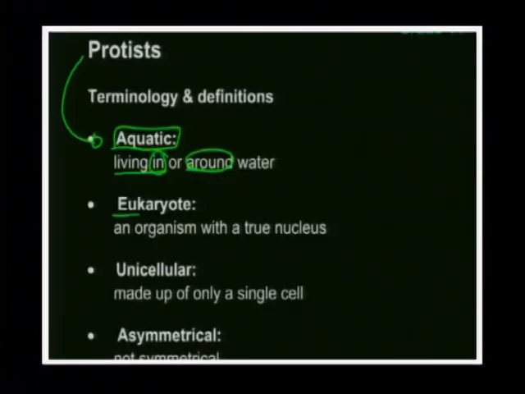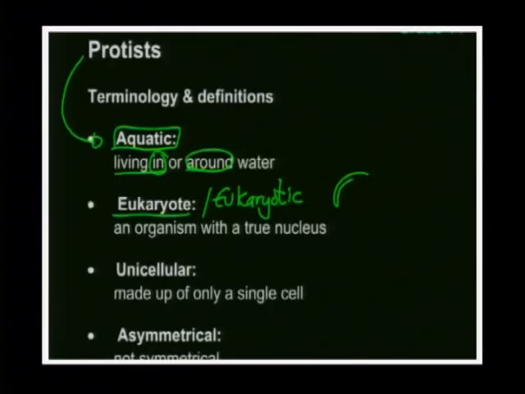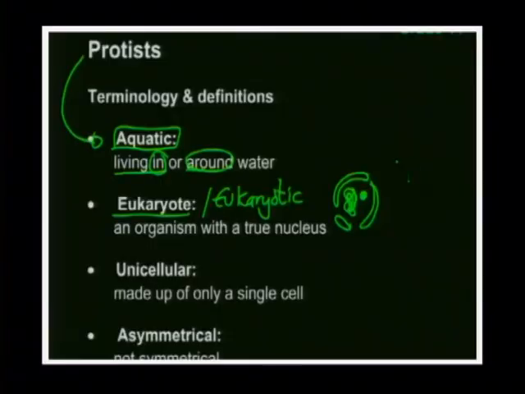Our second term is eukaryote, or an organism may be described as eukaryotic. Remember that eukaryotic means that it has a definite membrane around the nucleus, so that there is our nuclear membrane, there is the nucleolus, and the nucleic acids are inside. Make sure that you are able to compare eukaryotic or eukaryote with a term done in previous chapters, that is prokaryotic.